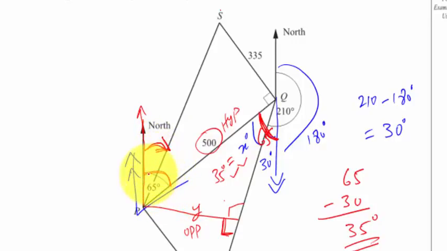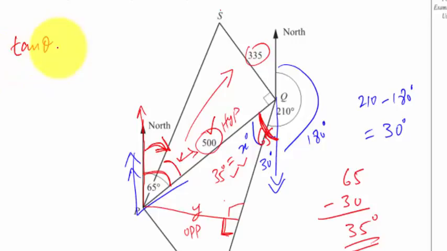We already have this angle as 65. We'll minus it from 65, we'll get this bearing. So let's find out this angle. We'll use this again, this 500 and this 335 as an opposite. This is your opposite and this is adjacent. We'll use tan theta equals opposite over adjacent.